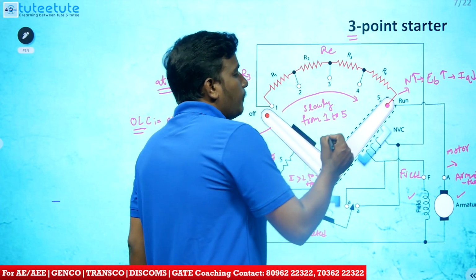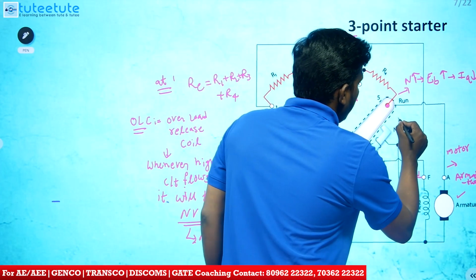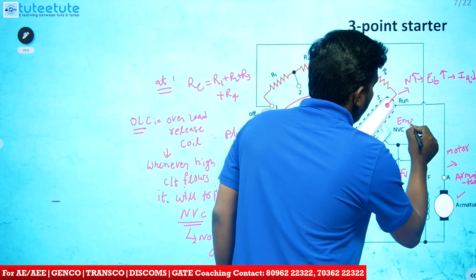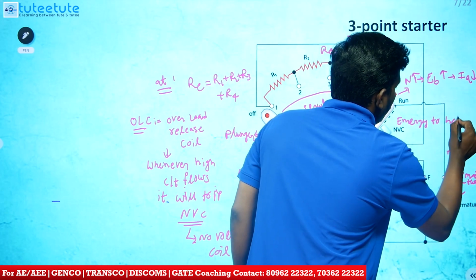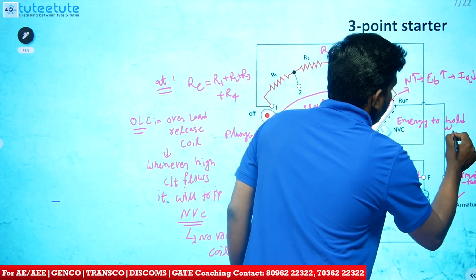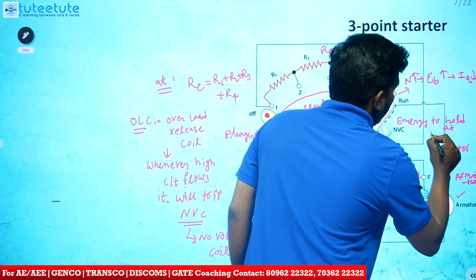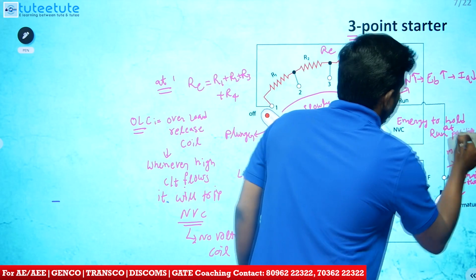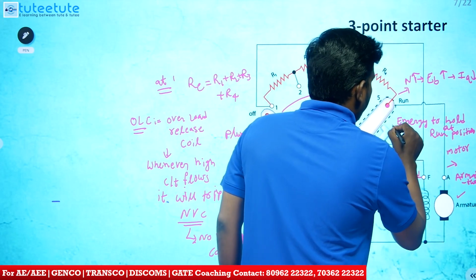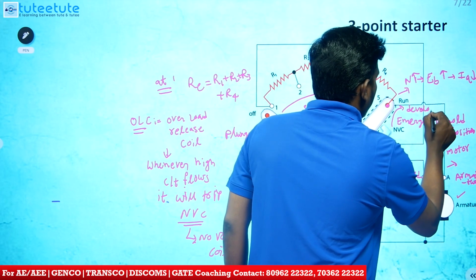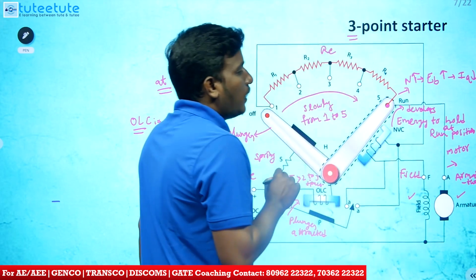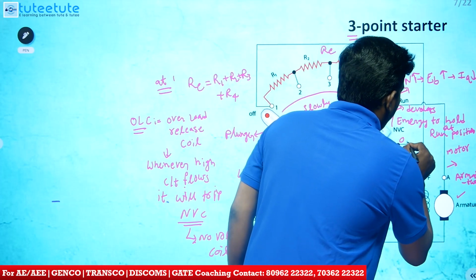We need some energy to hold the plunger at the run position, so the NVC develops energy to hold it at the run position against the spring.